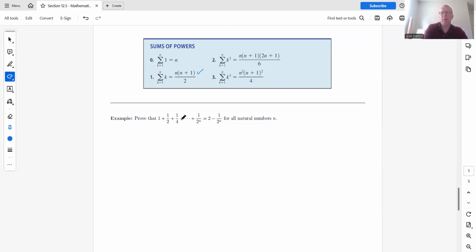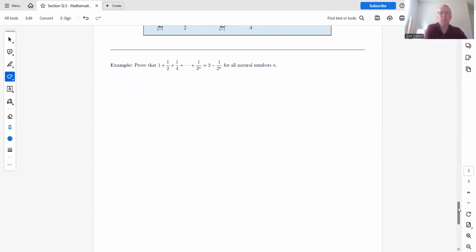All right, so let's look at this last one. And so this one actually is a geometric sequence. So 1 plus 1/2 plus 1/4 up to, so we're dividing each term by 2 and ending up at 1 over 2 to the n. Actually, this would be n plus 1.